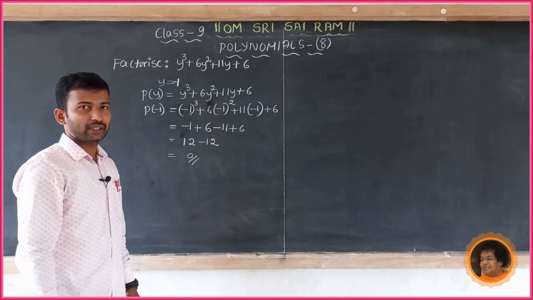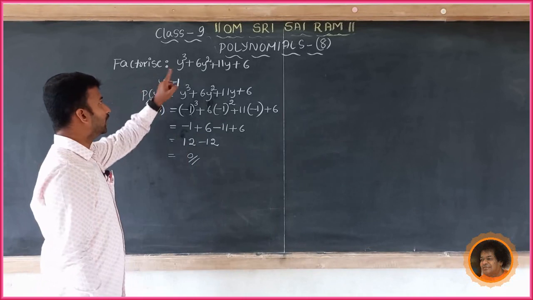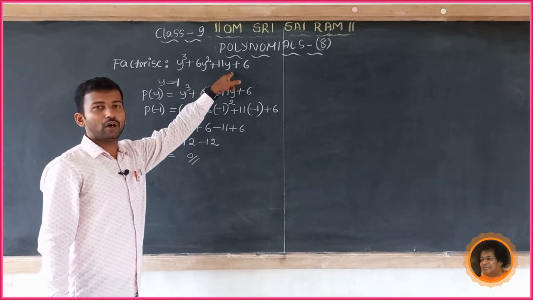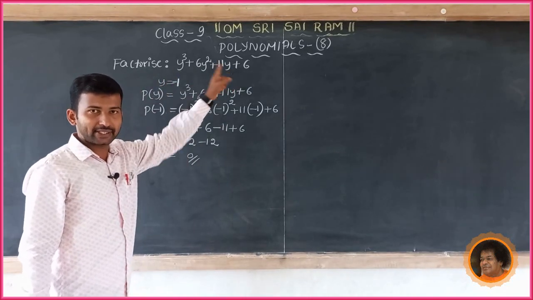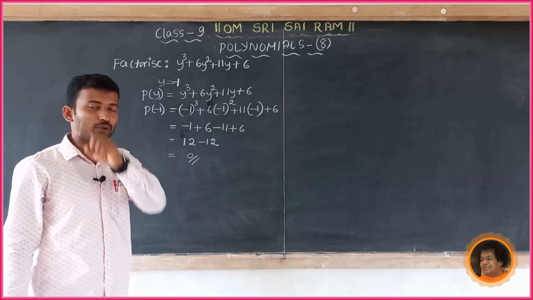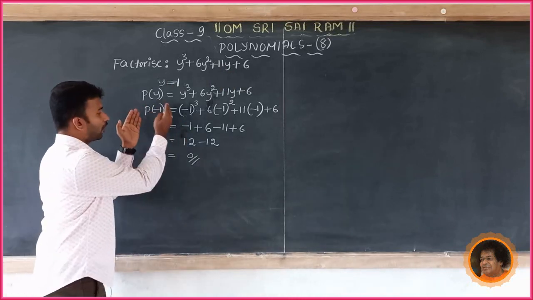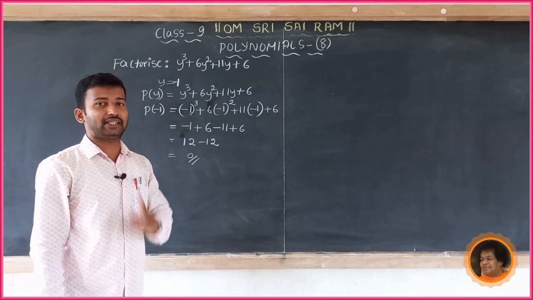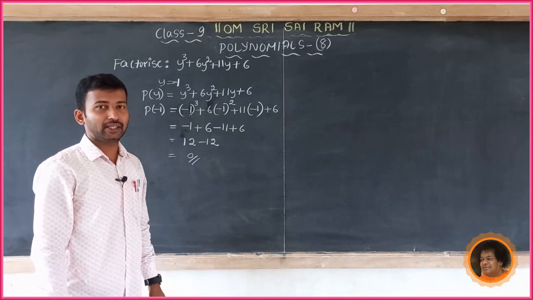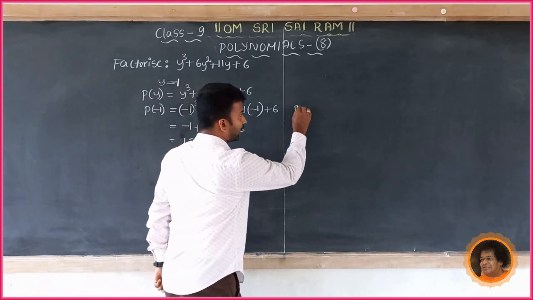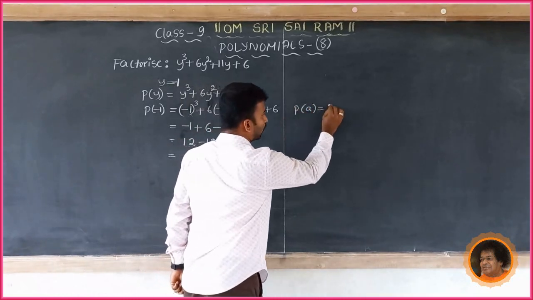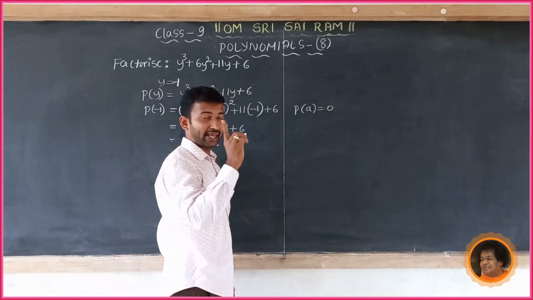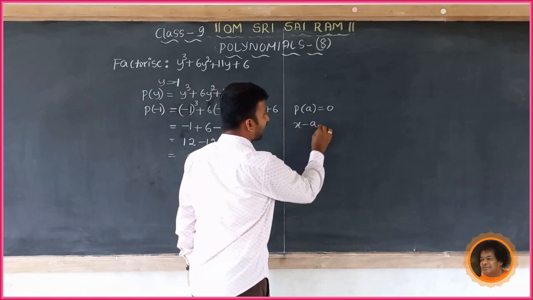It means that if we substitute minus 1 in this cubic polynomial, we get p of minus 1 is equal to 0. We have studied the factor theorem. The theorem says that if p of a is equal to 0, then x minus a is a factor.